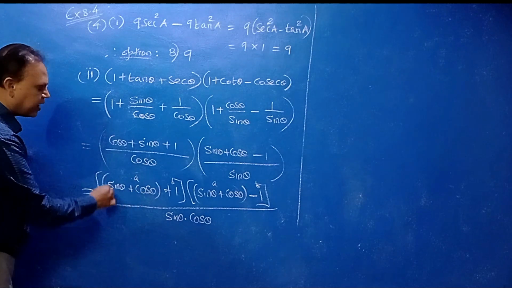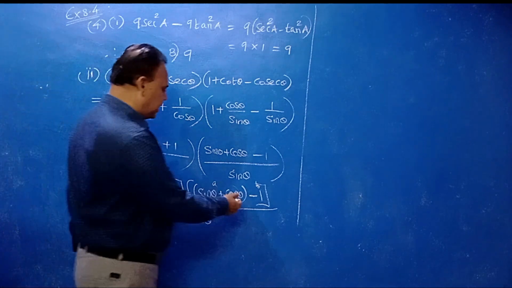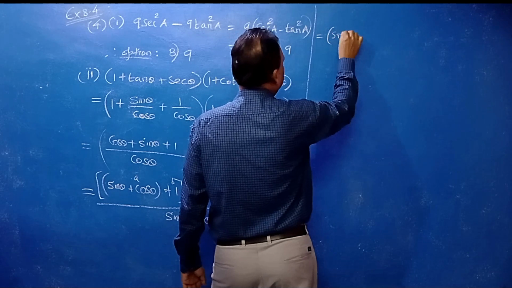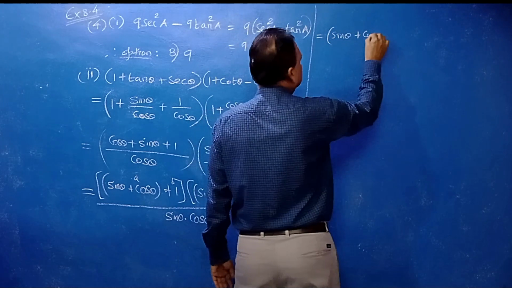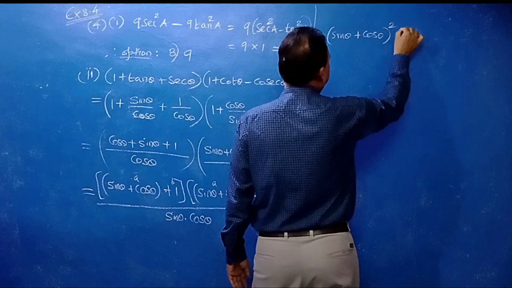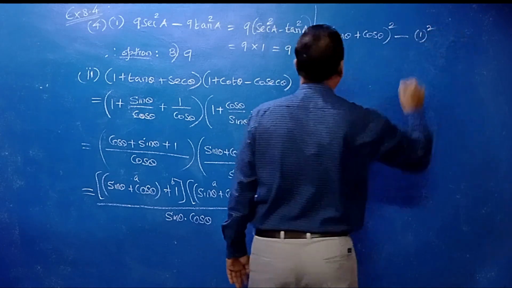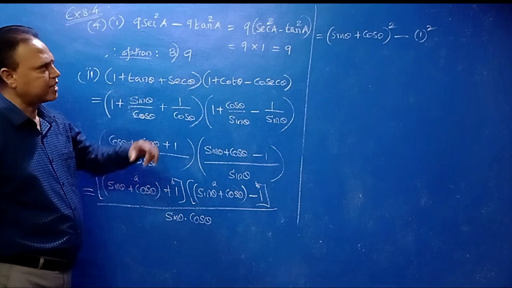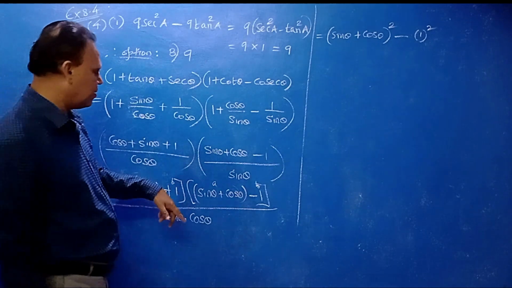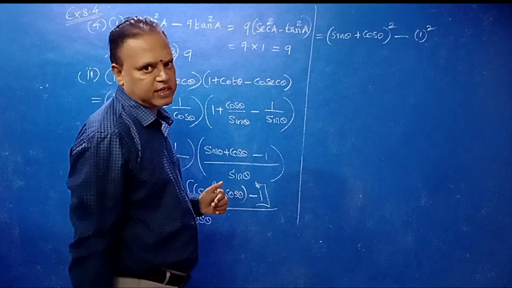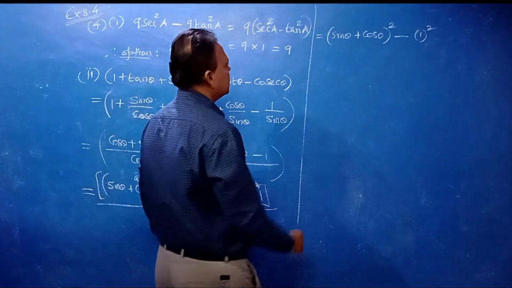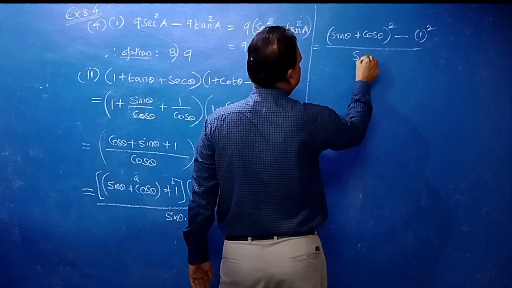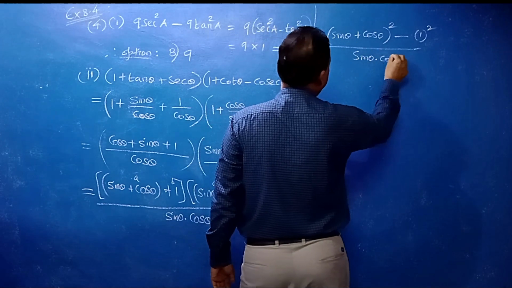So (sine theta plus cos theta) whole squared minus 1 squared, by sine theta cos theta, keep the denominator as it is.